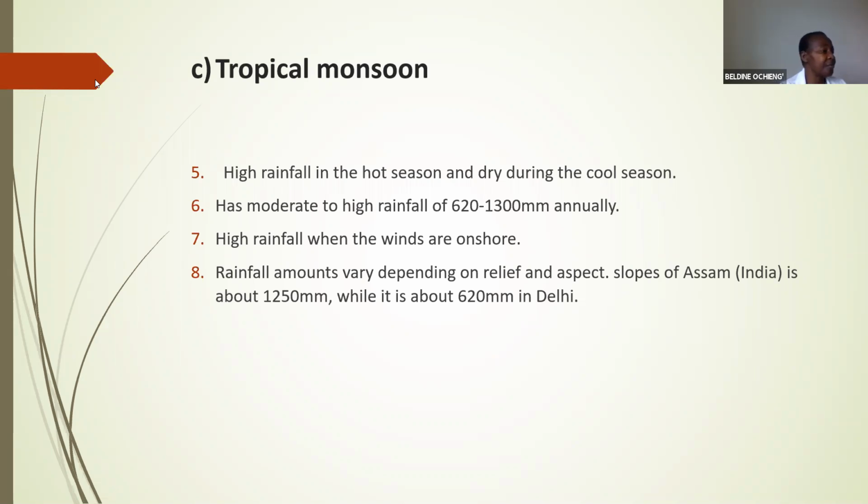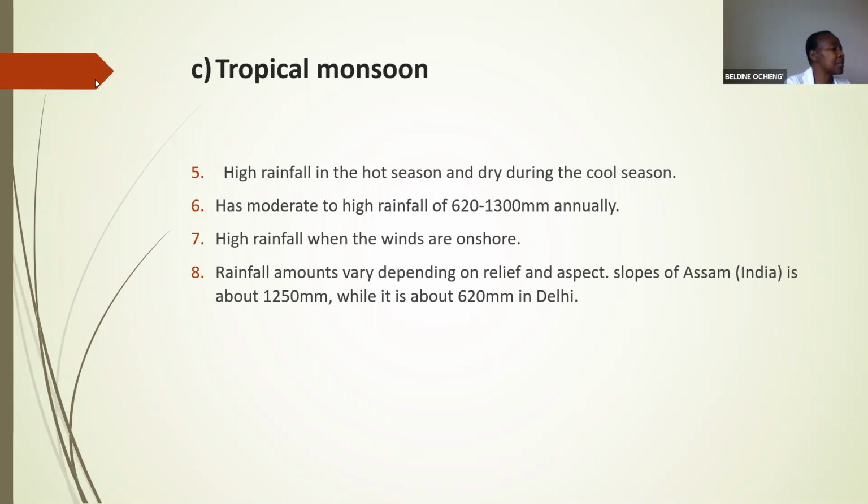It has moderate to high rainfall, 620 to 1300 millimeters annually. 620 is moderate, high is the 1300 there. High rainfall when the winds are onshore, that is rather obvious because the winds are from the water body, they are moist. Winds are moist, therefore high rainfall.